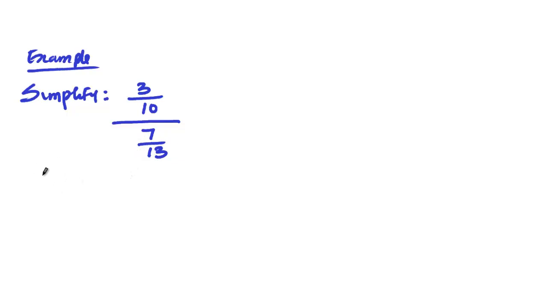So basically this one will give us 3 over 10, following one of those, divided by 7 over 13. And this will return 3 over 10 times 13 over 7.